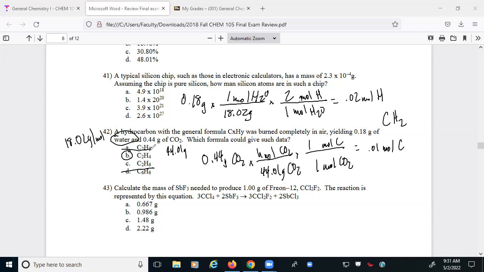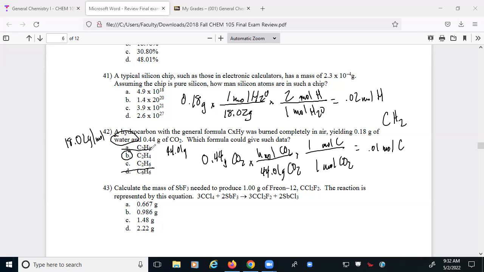It's actually that A and D were the ones that we knew had to be wrong because we had no way of discerning between them. They have the same empirical formula. And remember, the way we go from empirical formula to molecular formula is we need to know what the mass is so that we can know how many times to multiply that empirical formula to get the molecular formula. Without that information, I can't do it.